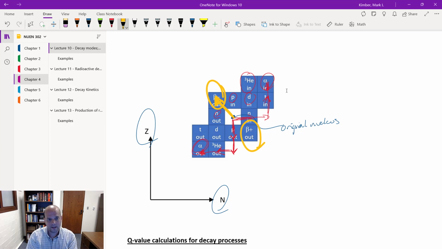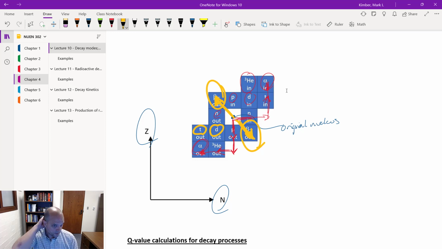If where I'm at, I'm going through a beta plus decay, then I'm going down and to the right. But if I had other types of decay where I lose a deuteron or a tritium nucleus, then it's a simple nucleon balance to help me understand where I need to go from where I'm at in terms of the type of radioactive decay.